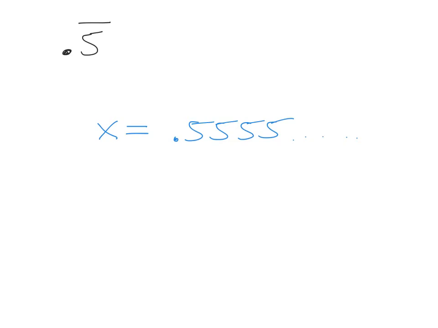Now, watch this little trick I'm going to do. I want to multiply both the x and the 0.555555 by a number so that the repeated decimal becomes a whole number and the same repeated decimal. So let's think about what I can multiply that by. The easiest thing to multiply it by is a power of 10.